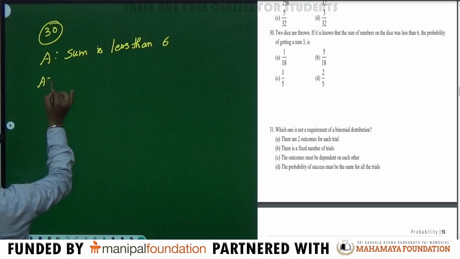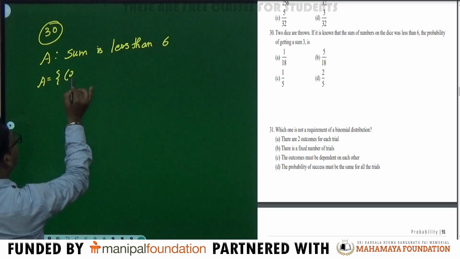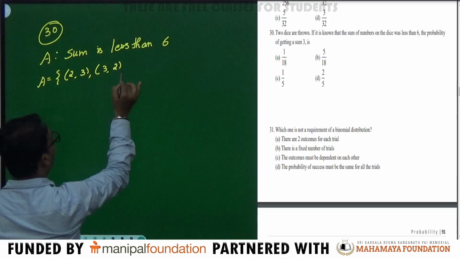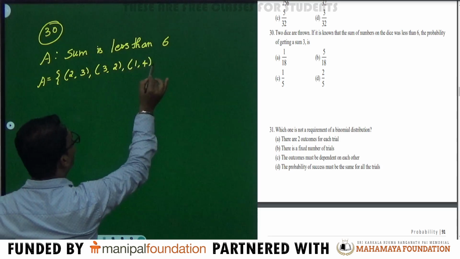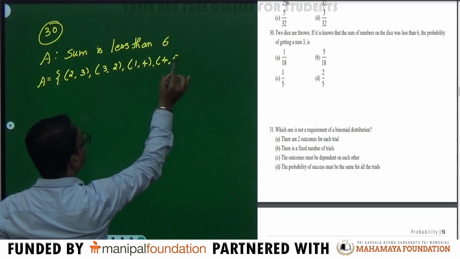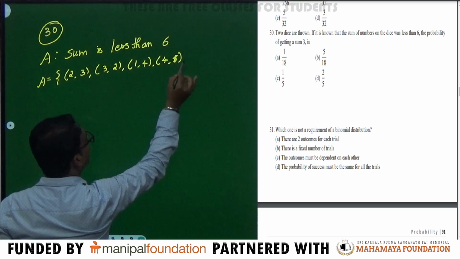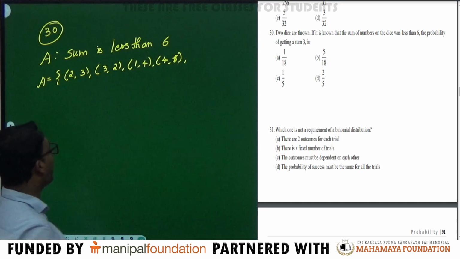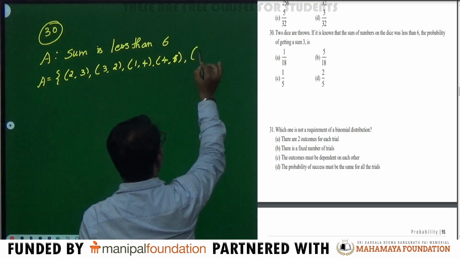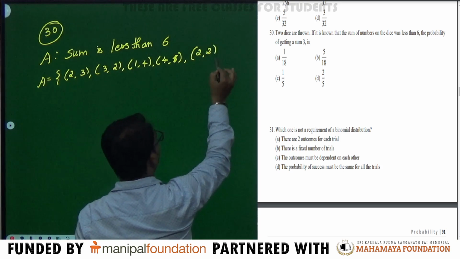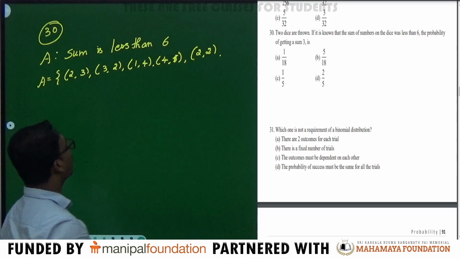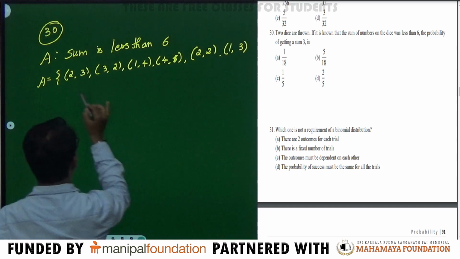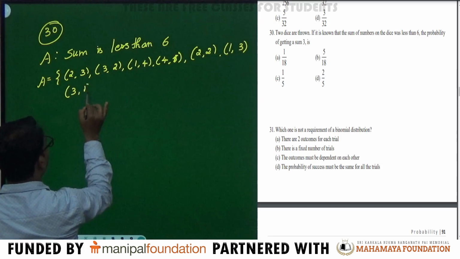The sum may be 5. To get 5, it may be 2 comma 3, 3 comma 2, or 1 comma 4, 4 comma 1. Or the sum may be 4. If it is 4, it is 2 comma 2, or 1 comma 3, 3 comma 1.